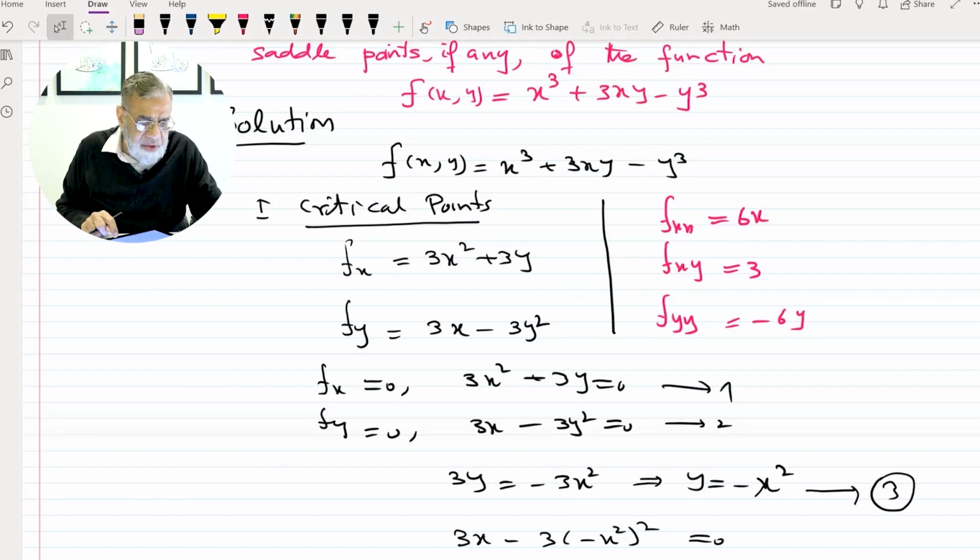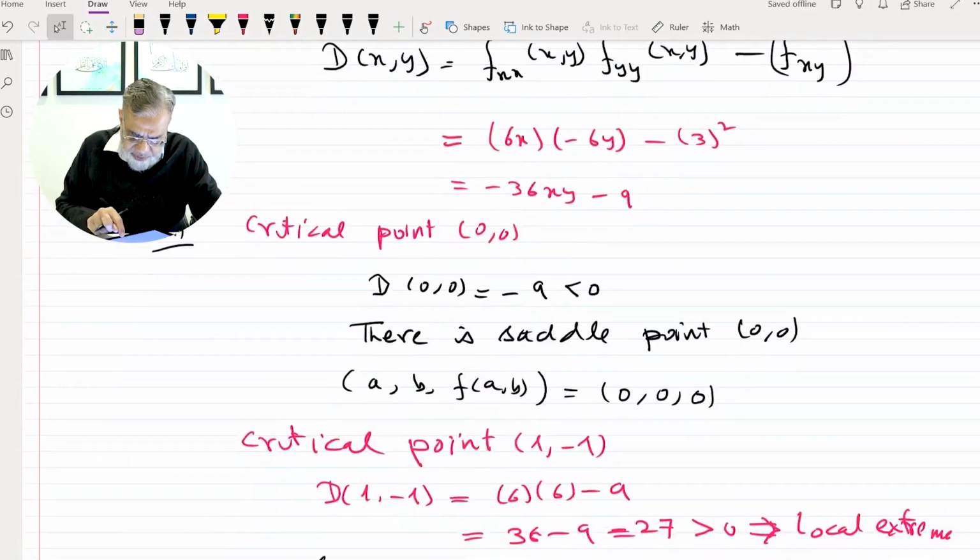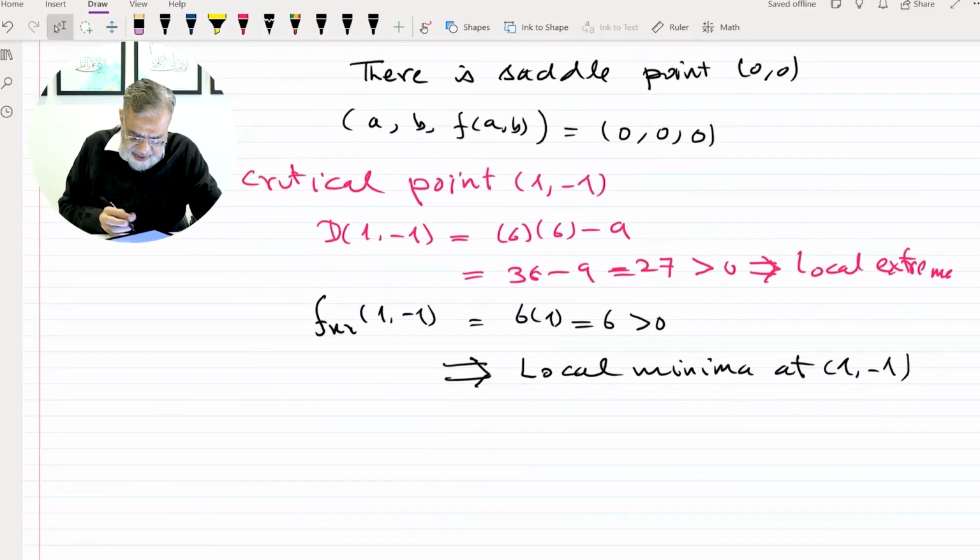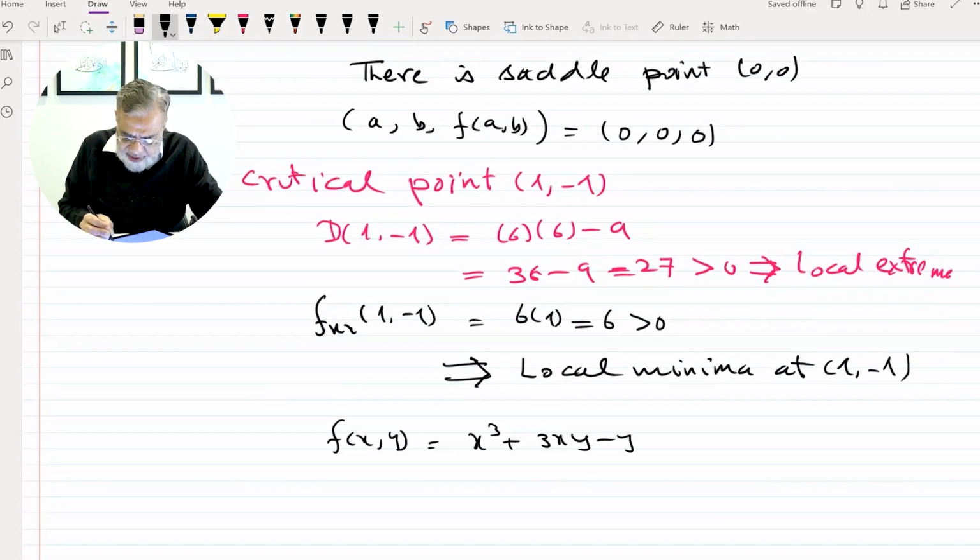So if I want to find the value at the point, I put here the point (1, −1) in f(x,y) equal to x cube plus 3xy minus y cube. So the value of the function at the point is equal to 1 minus 3 minus 1, and we get this is equal to minus 3.